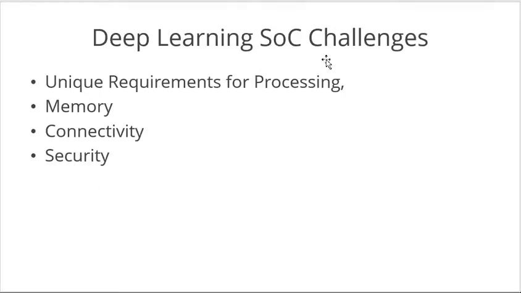So deep learning, what are the deep learning SoC challenges? Basically, it involves unique requirements for processing. Most of the processors we are going to talk about require a particular application-specific set of requirements for the processing part.